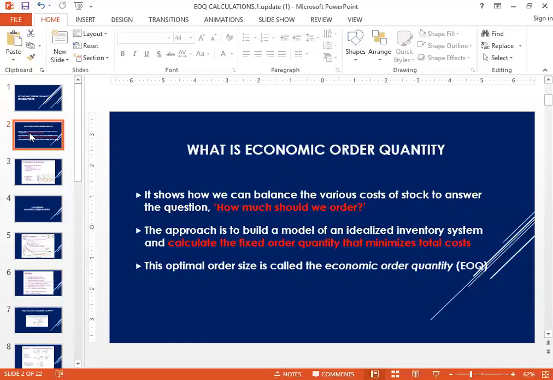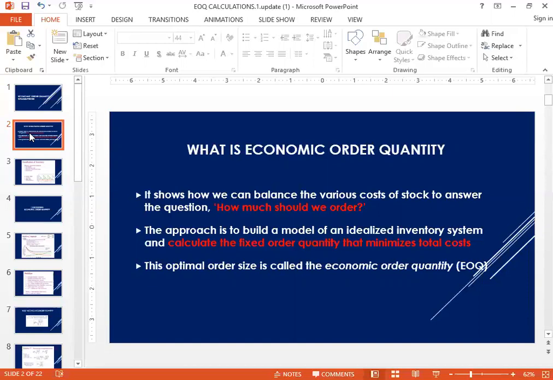But then they're going to have a very high amount of inventory holding costs, so that doesn't make sense. And if they order a very, very small amount, then they're going to have to make many, many rounds to the supplier, and there are going to be so many transportation costs, setup costs and order costs.